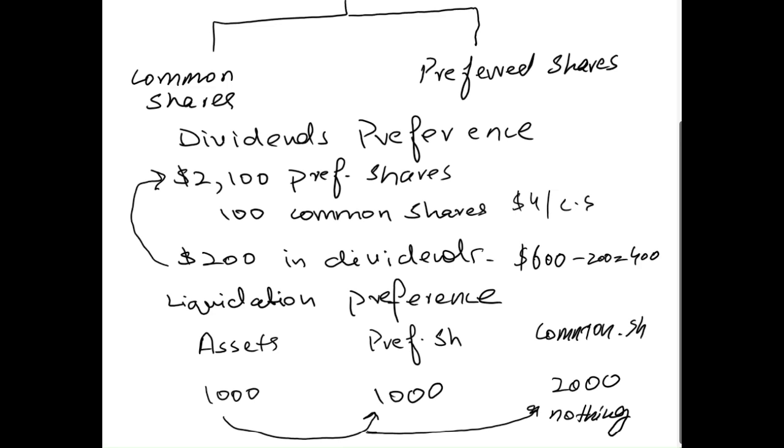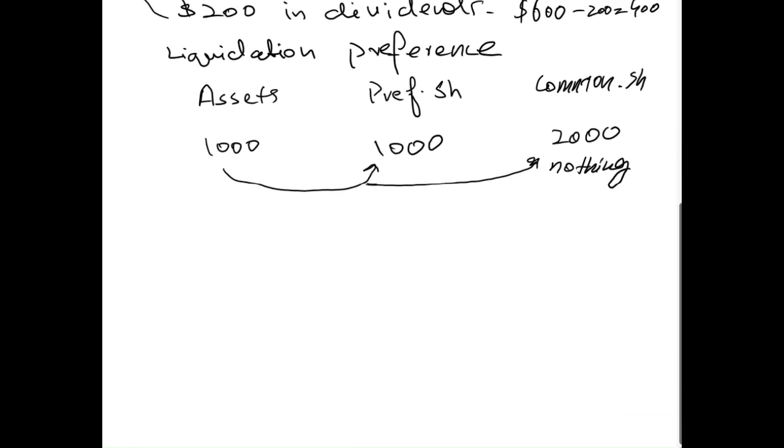So now in this case, the common shareholders actually get more out of this than the preferred shareholders. So you need to keep these things in mind when doing an analysis of which type of share is better for you.